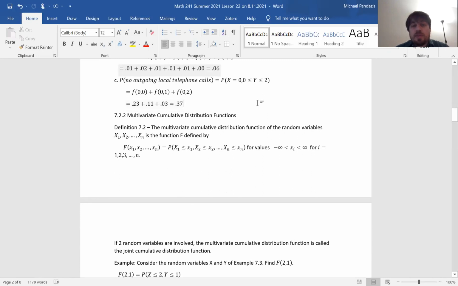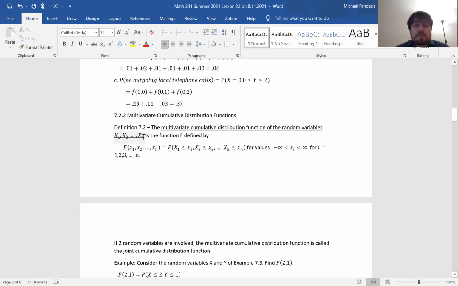This is just the cumulative distribution function for a probability function with more than one random variable. Okay, definition 7.2. The multivariate cumulative distribution function of the random variables x1 to xn is the function capital F defined by this.